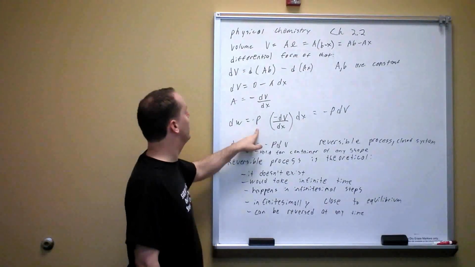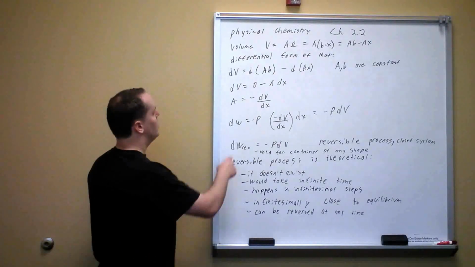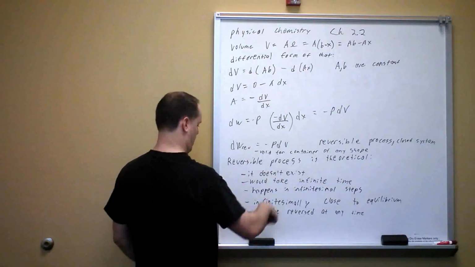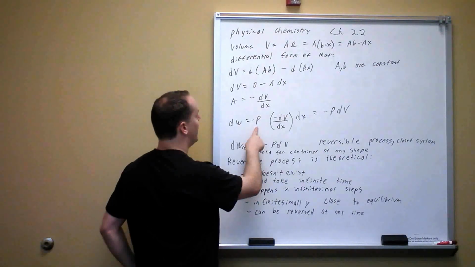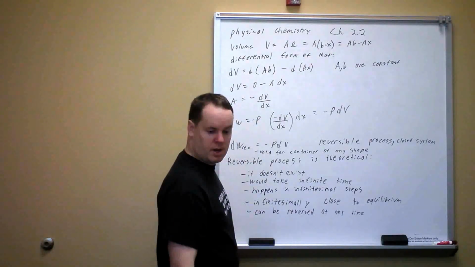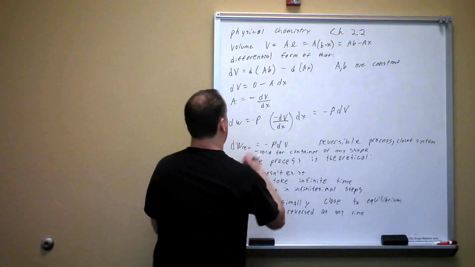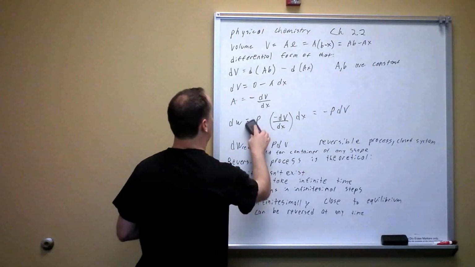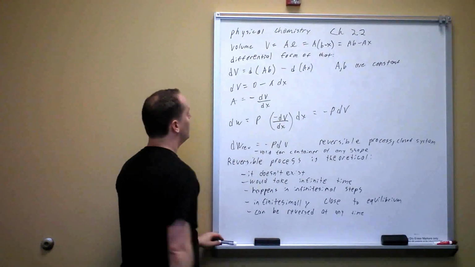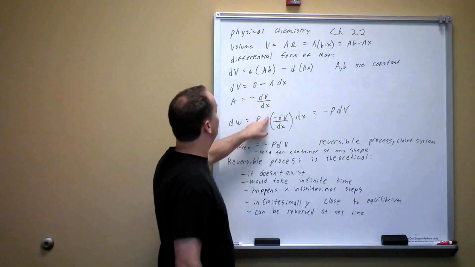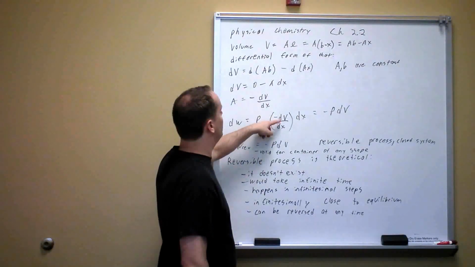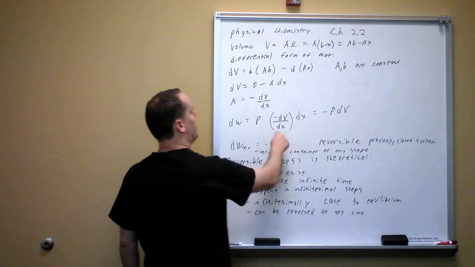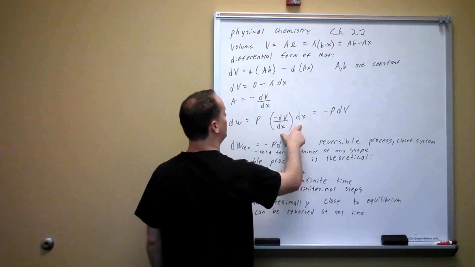Now, we can substitute that back into our pressure times area. We had differential of work equals pressure times area. So we have pressure times our area, which is minus the differential of volume with respect to X. The dx's cancel out.